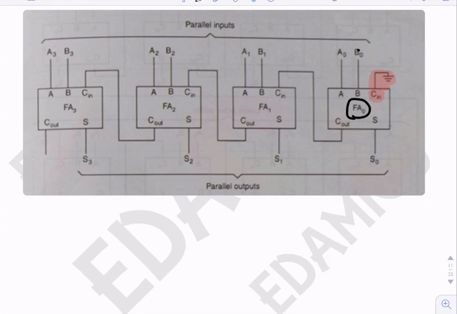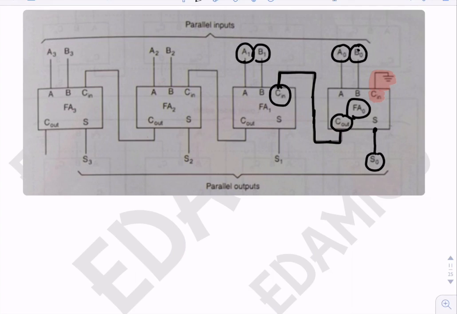So it's very simple: the 0th bits of A and B inputs are applied. The sum bit is the S0 of the result, and the carry output of this level acts as an input carry to the next level. Okay, so this is working as a Cin.